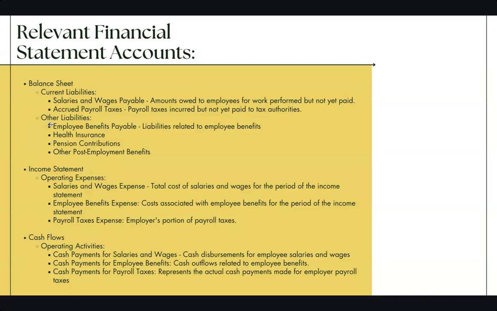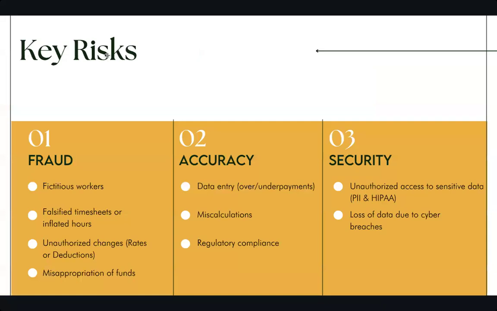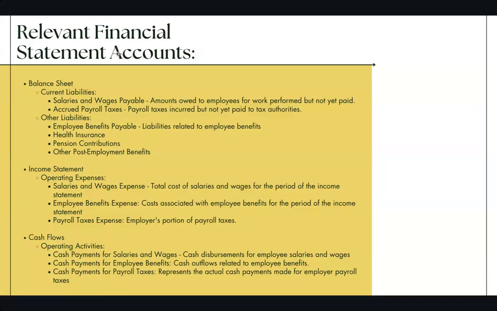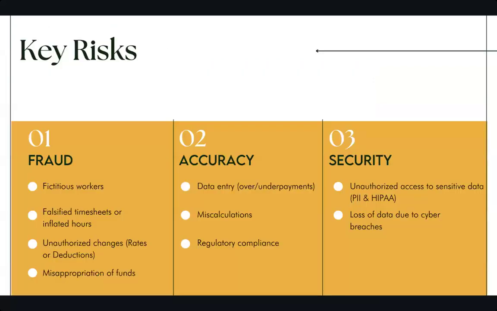And you'll have cash payments for salaries, cash payments for employee benefits, and cash payments for payroll taxes. So those are the high level financial statement line items that would be impacted by accounting for payroll and benefits and the associated tax compliance.